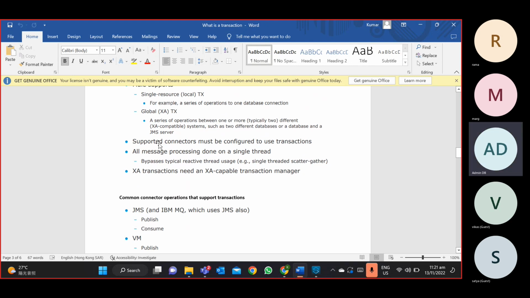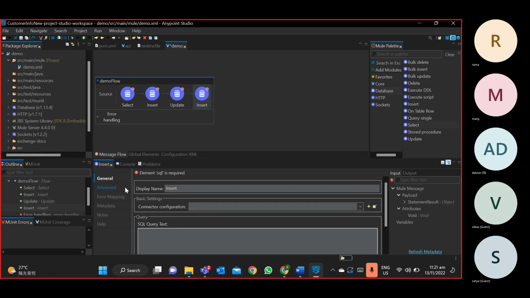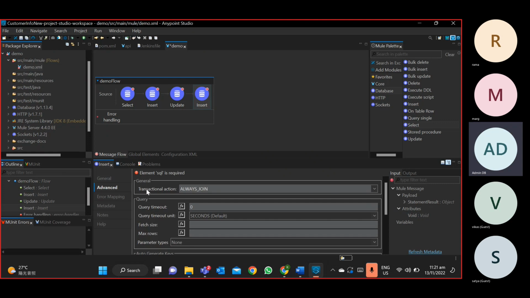Another condition is that the supported connector must be configured to use transaction. Now how will you identify whether a connector has this capability or not? Whenever you drag and drop it, go to the advanced option and see whether that particular connector has a transactional action or not.